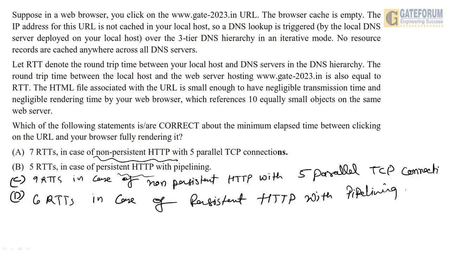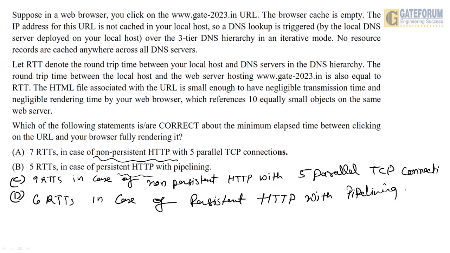The round trip time between the local host and the web server hosting is also equal to RTT. The HTTP file associated with the URL is small enough to have negligible transmission time and negligible rendering time by your web browser, which refers 10 equally small objects on the same web server. You need to check which of the following statements are correct about the minimum elapsed time between clicking on the URL and your browser fully rendering it. 7 RTT in case of non-persistent HTTP and 5 RTT.